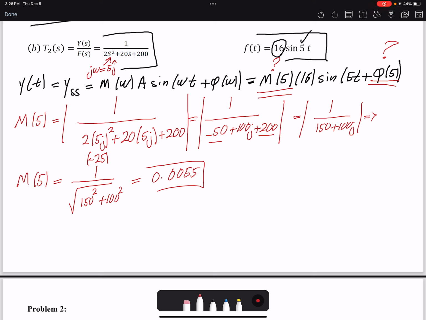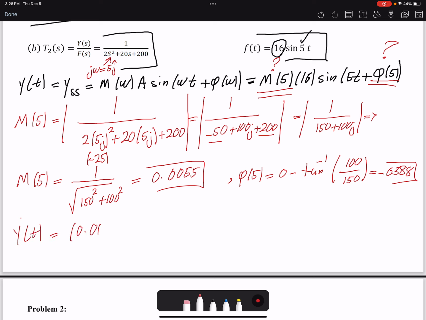Basically, the further it is from 1, the more the amplitude is changing significantly. I still need to find the phase change, so the phase change for 5 is 0 minus tangent inverse of the imaginary component, which is 100 over 150, giving me negative 0.588.